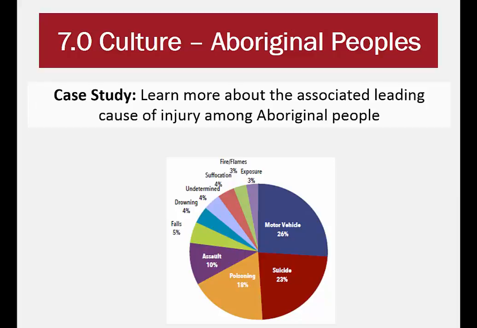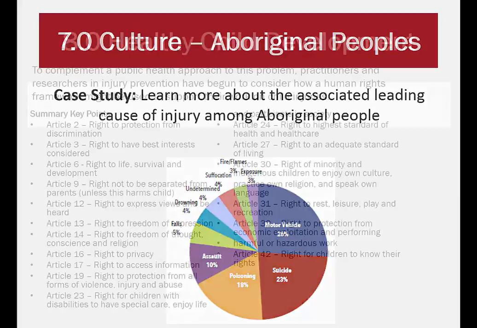Aboriginal people are at increased risk of drowning because of proximity to open bodies of water, low use of flotation devices, and alcohol use. It is reported that only 6% of Indigenous drowning victims were wearing a personal flotation device. Alcohol use is also reported as a significant factor in drowning deaths.